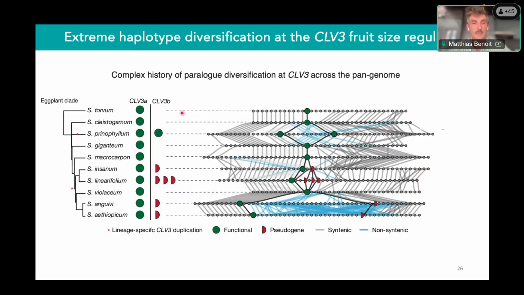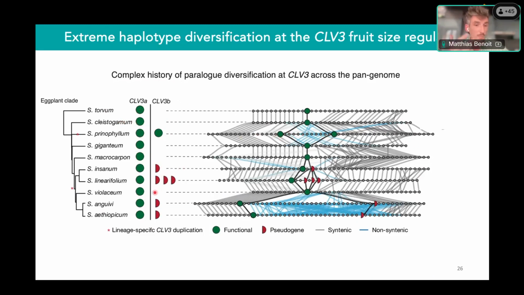What you can see is that in some species, we detect single copies of clavata3, such as in Cleistogamum, Torvum, Giganteum, for example. In some species, such as Prinophyllum, we detect a gene duplication of clavata3. So in this particular species, we have two clavata3 paralogs derived from gene duplication.